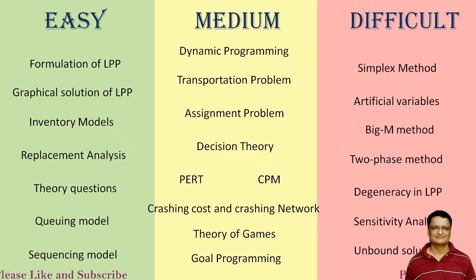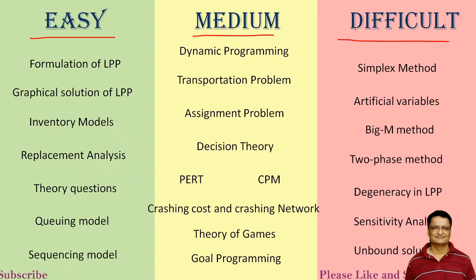I have tried to divide the complete OR syllabus into three sections: the first is the easy section, the second is medium difficulty level, and the third is a little difficult. But don't be afraid of this, I will give you some tips for this also.